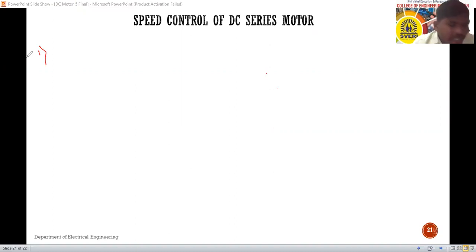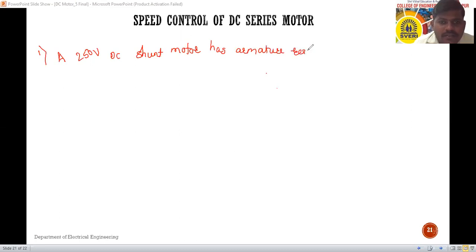A 250 volt DC shunt motor has armature resistance of 0.25 ohm.